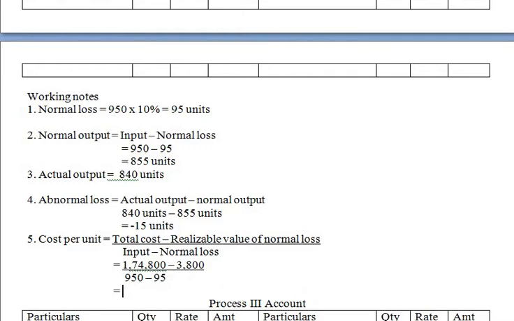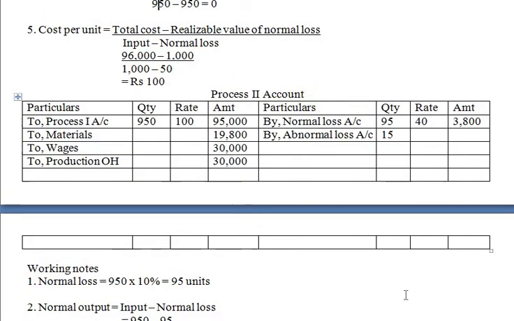That is equals to rupees 200. So abnormal loss 15 into 200, amount is 3,000.